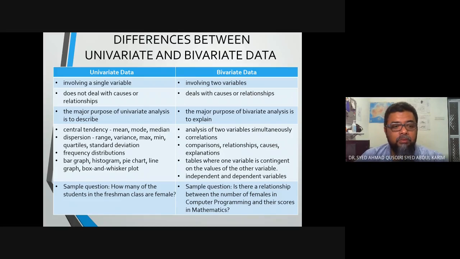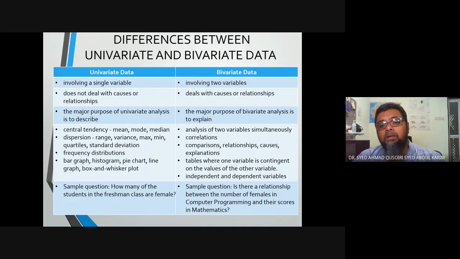So this is shown when in univariate data we have central tendency, dispersion, and frequency distribution, and to show it all we can use bar graph, histogram, pie chart, and so on. Whereas in bivariate data, it's an analysis of two variables simultaneously.